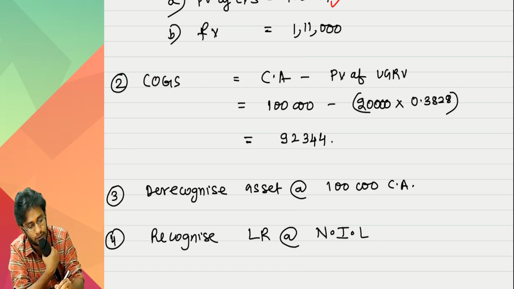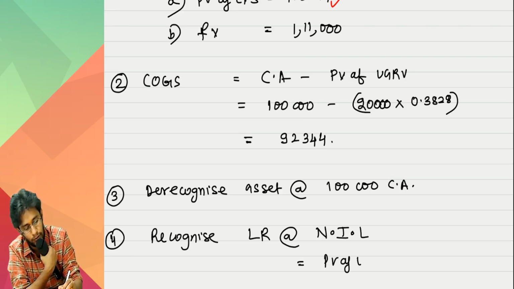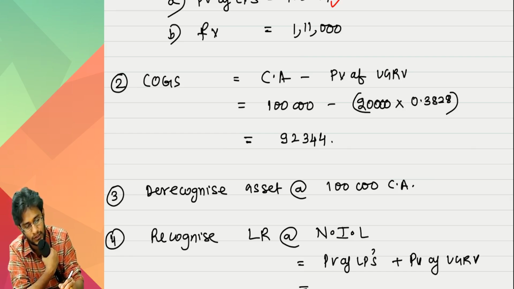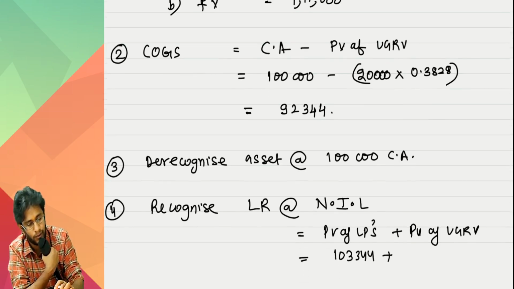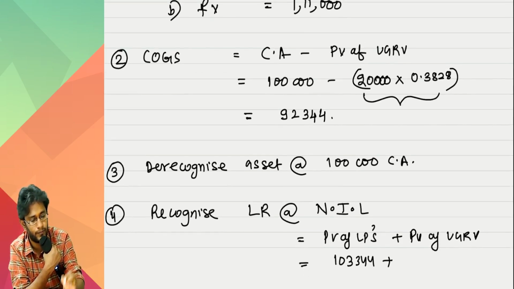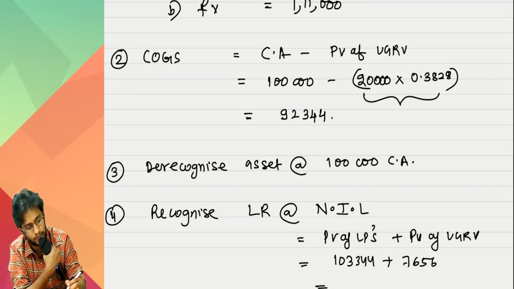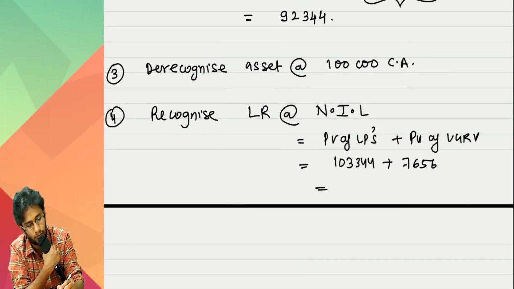Net investment in lease is equal to PV of LPs plus PV of UGRV. PV of LPs I know, which is 103,344. PV of UGRV multiplied is this one, 76. Total 1,11,000.